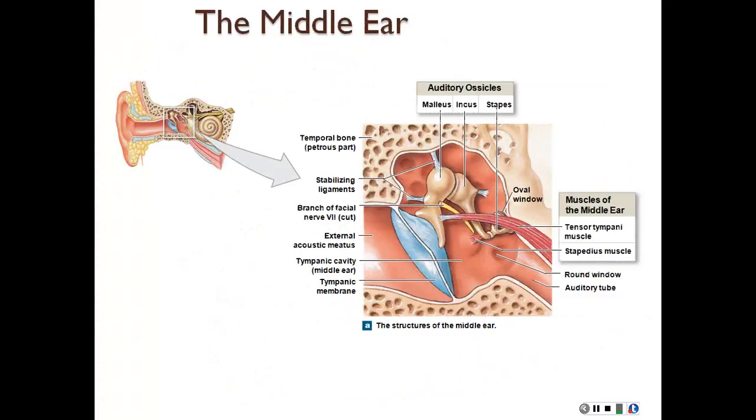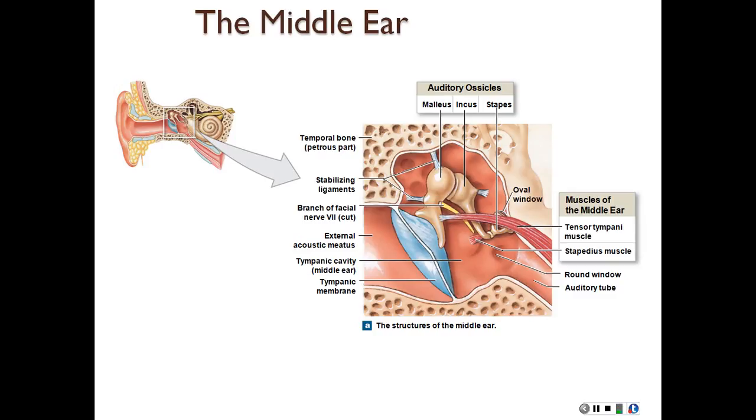Hopefully I have a picture. And another thing, before I get to that, are these two muscles of the middle ear, the tensor tympani and stapedius muscles. And they're important because if you're exposed to very loud sounds, especially sudden, like a gunshot, if you ever go to the gun range, you put on earphones to protect the ear drums, because the eardrum can tear if the sound is too loud because it vibrates too much.